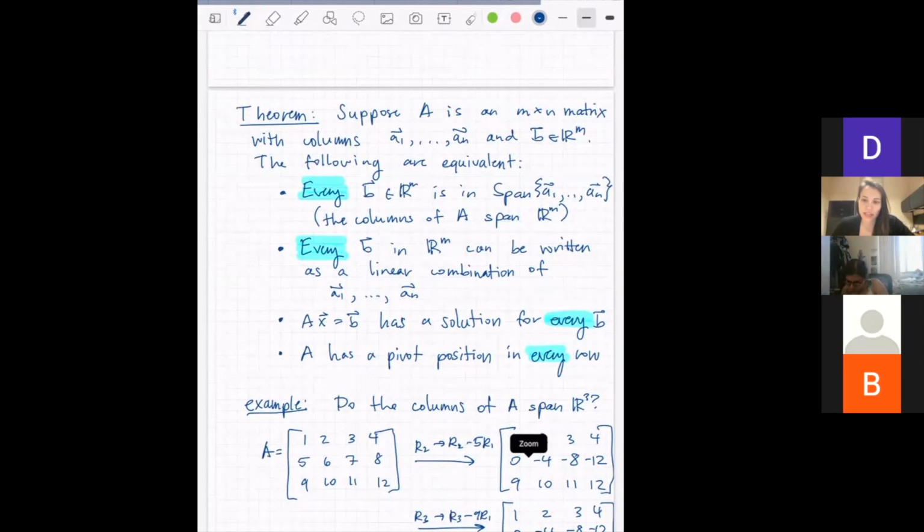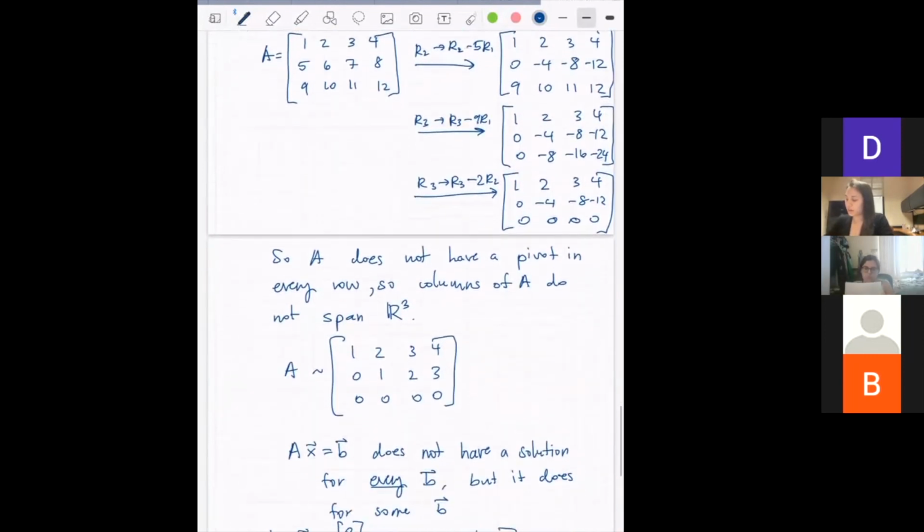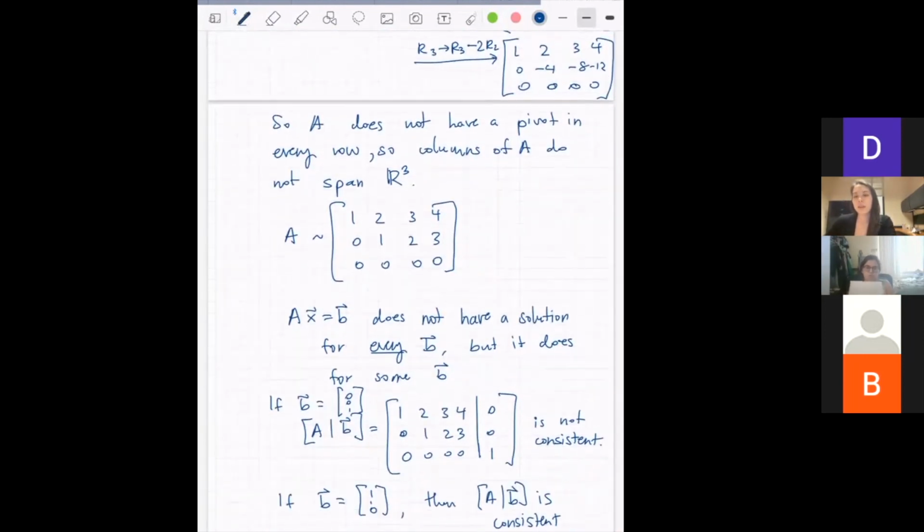So remember that the issue came here when we had this row of all zeros at the bottom, and that meant we could create inconsistent systems by having a non-zero entry corresponding to that row of all zeros. Right? So if you don't have a pivot position in every row, it leaves open that possibility of creating an inconsistent system. Does that make sense?